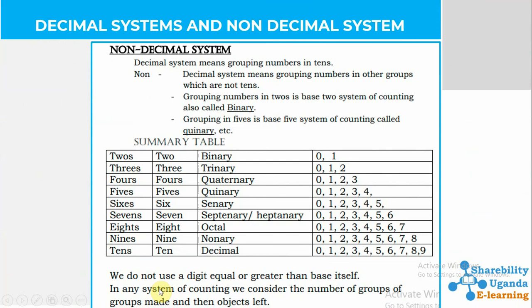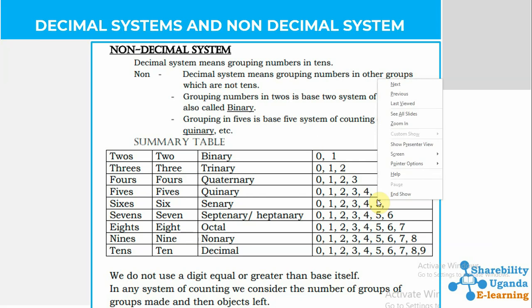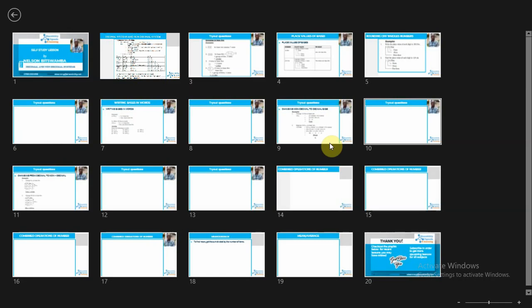As you were seeing, we talked about our summary table, which was having the namings of these groups. When you had a 6 here, we started from 0, then 1, then 2s, then 3s, then 4, then 5. So we see that our 6 was ending at 5.